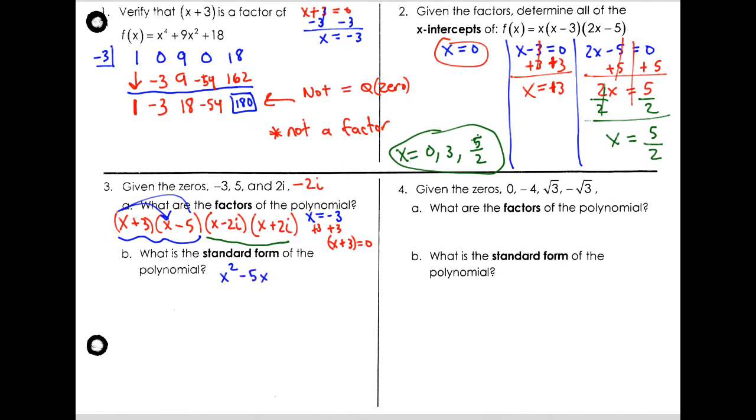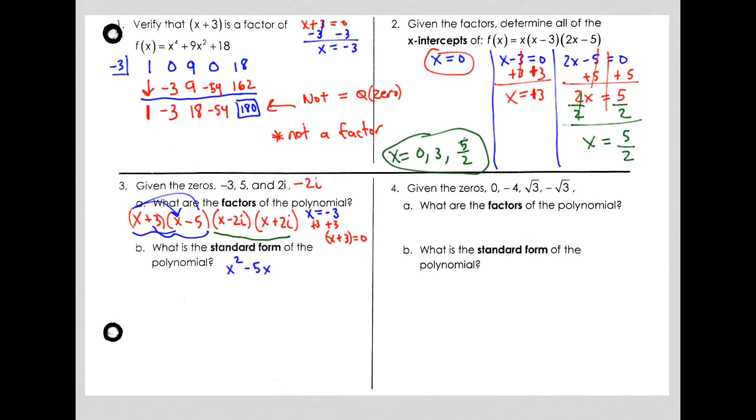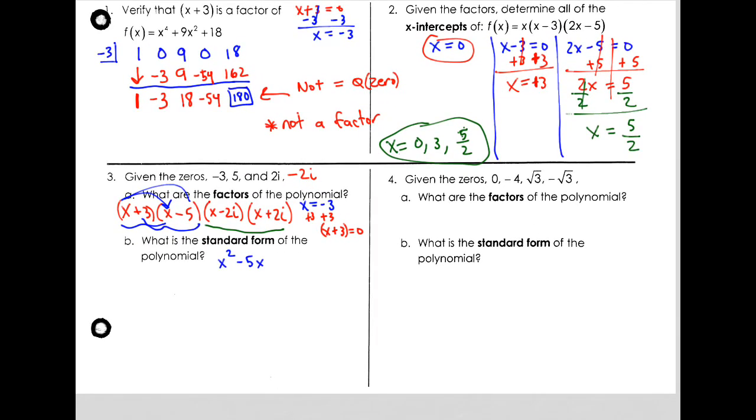Then 3 times x, screen's bouncing around, is a positive 3x, and then 3 times negative 5 is negative 15. And so now that's all together.